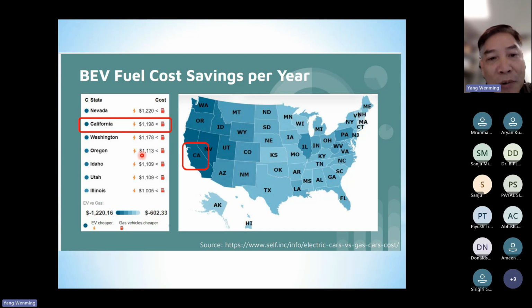In Washington it's about 1,178 US dollars. In Illinois, it's about 1,000 US dollars saving per year. In some other states the saving is lower. The overall fuel cost saving is from 1,220 to 602 US dollars per year compared with traditional ICE vehicles.